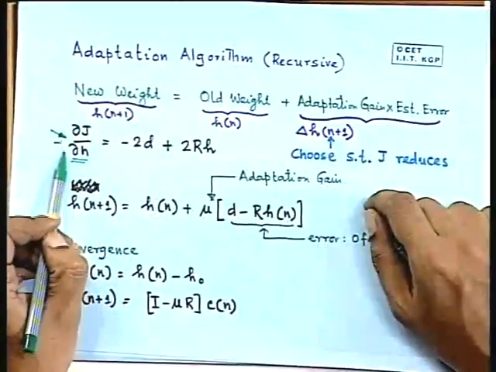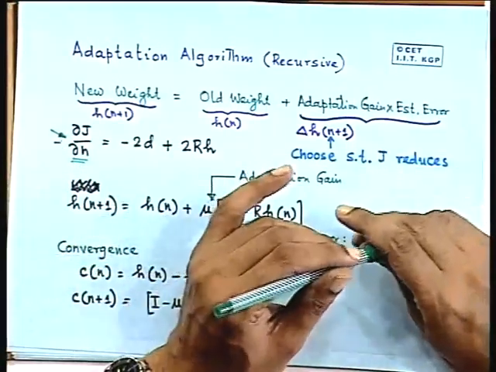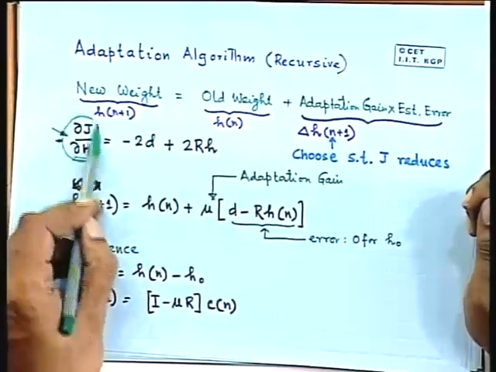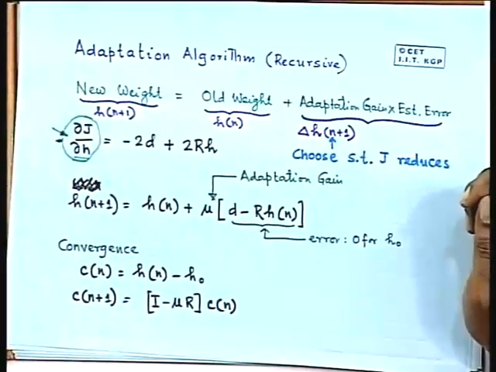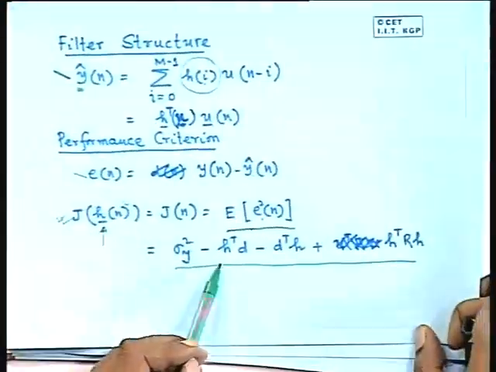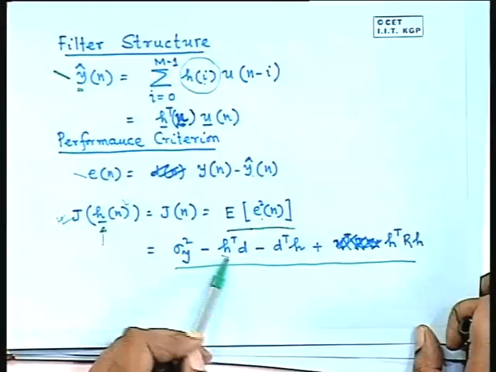So everywhere, this is a standard rule that you update your weights in the negative of the gradient direction, right? So that your performance criterion is always decreasing. At every point it is decreasing, right? So here also, now let us calculate del J del H from where? From this formula. We already have J in terms of H.